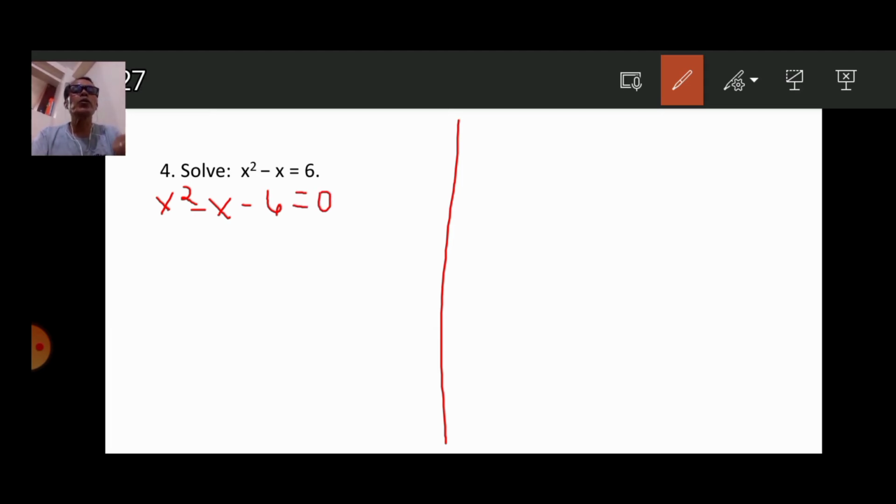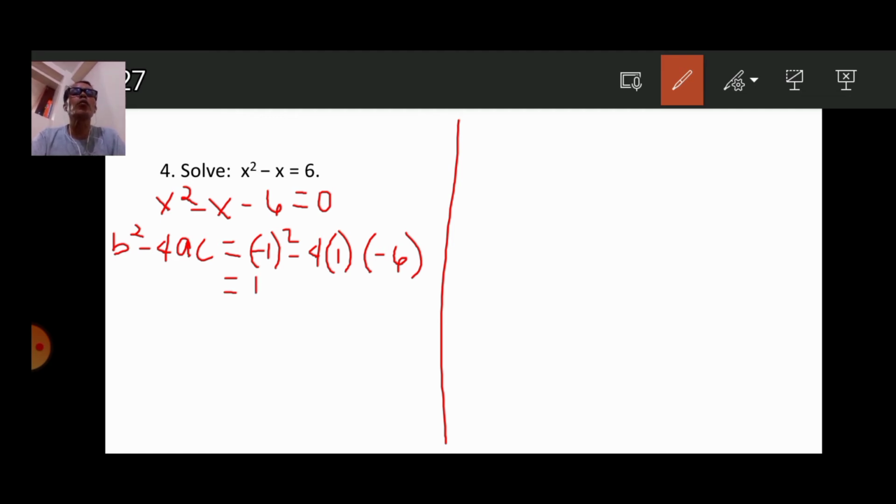Now you can use the discriminant b squared minus 4ac. So b is negative 1 quantity squared minus 4 times a is 1 times c is negative 6. The square of negative 1 is positive 1.